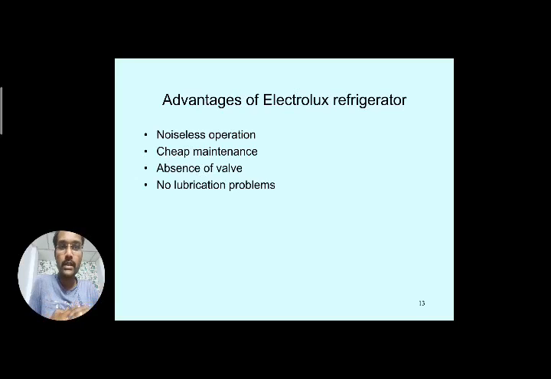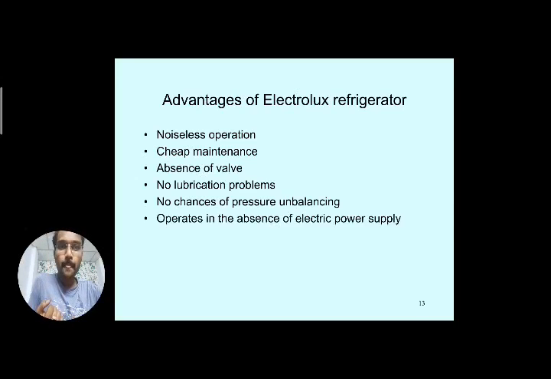And then no lubrication problems. If more mechanical components are present, we have to use more lubrication to reduce vibrations and noise. So no lubrication is required. No chances of pressure unbalancing. Okay. And it operates in the absence of electric power supply.